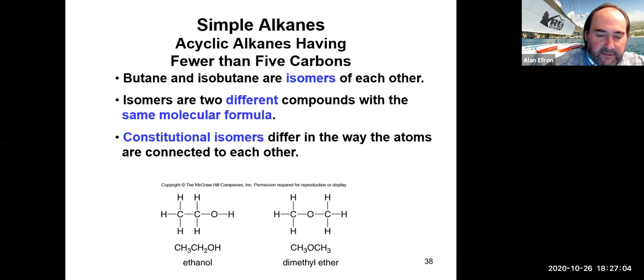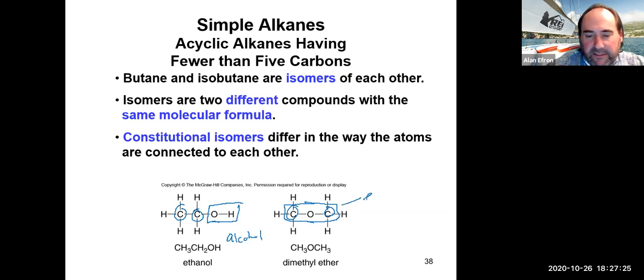Here again, if we just do some math on these guys on the bottom, we got 2 carbons in each. We got 6 hydrogens on each side, also 1 oxygen on each side. But because of the way they are connected, this has a functional group of OH, which is an alcohol. This has the functional group of carbon, oxygen, carbon, which is an ether. So these are 2 different types of organic compounds.